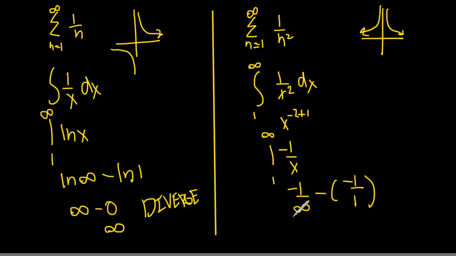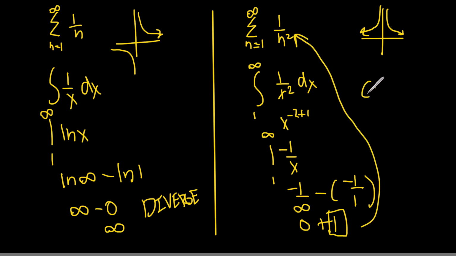Negative 1 over infinity is simply 0, minus a minus 1, which is 1. Hey, that is a finite number. And so because the integral converged to a finite number, that means that the series will also converge.